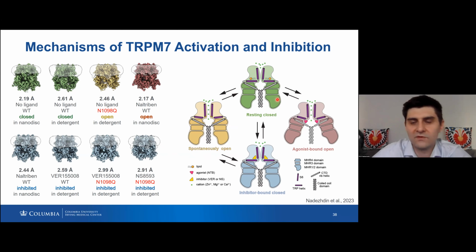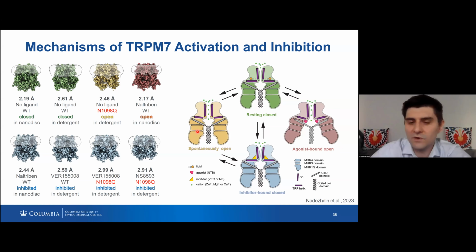But if the cell needs magnesium or zinc, it recruits some endogenous compounds to activate the channel. And we can see a lot of movements in the lower part of the channel. Unfortunately, my video didn't work, so you didn't see this. So the agonist-bound state differs a lot from the spontaneously open channel.